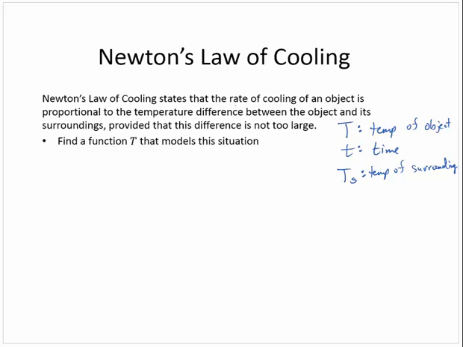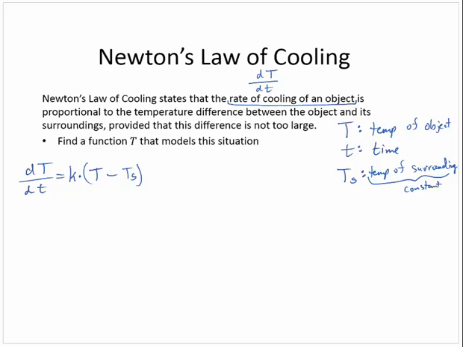All right, well, here's what we know. The rate of cooling of an object, well, that's the change in temperature with respect to time. So dT/dt is proportional to, is k times the temperature difference between the object and its surroundings. Now let's remember that the temperature of the surrounding is a constant.